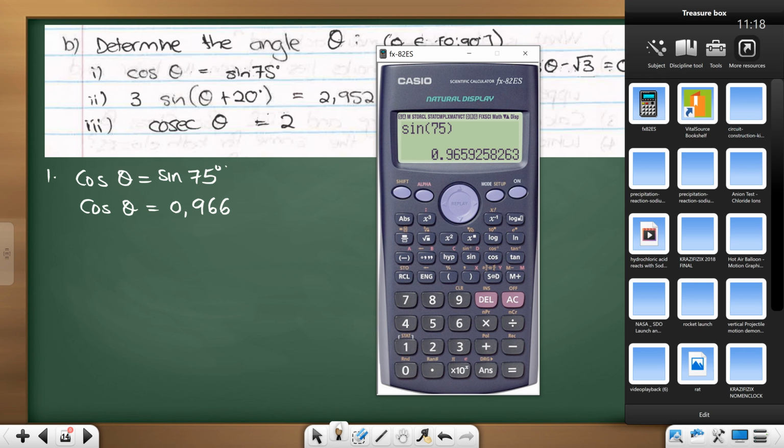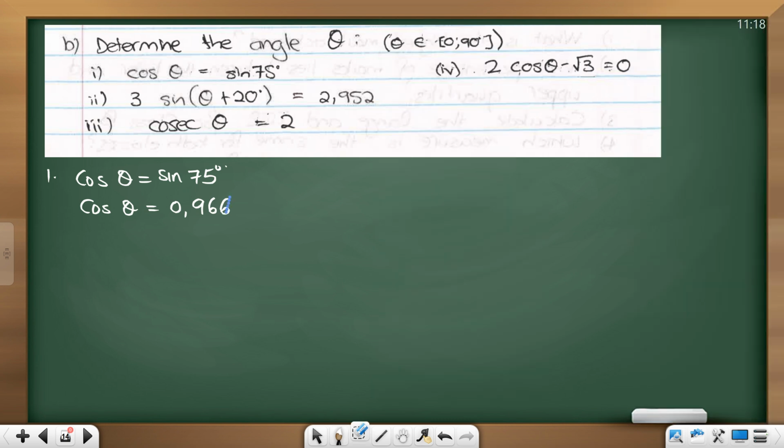What's the story there? I said 4. Give me at least 4 decimal. It's 9659. But that's not what I'm looking for. I'm looking for theta. So what do I do? Acos. It's called acos.